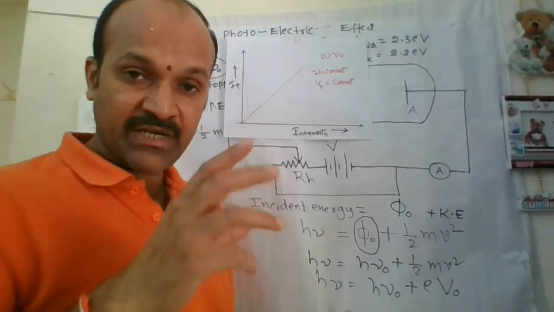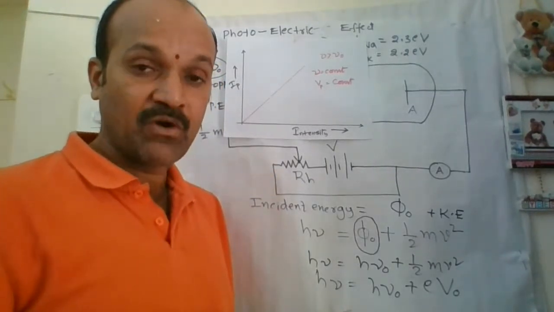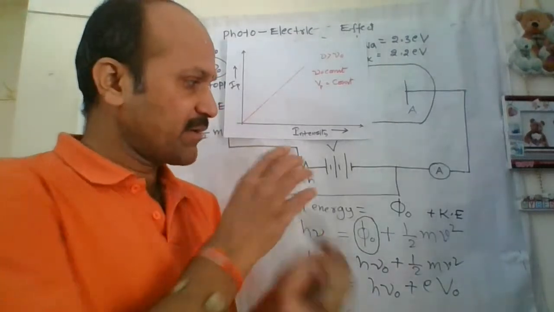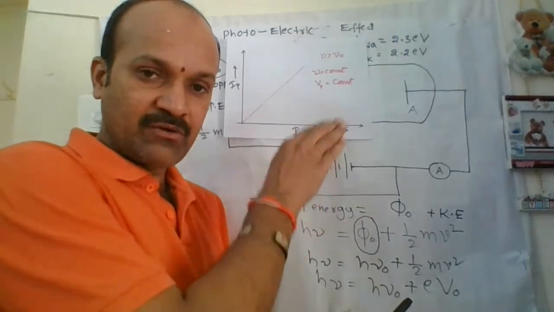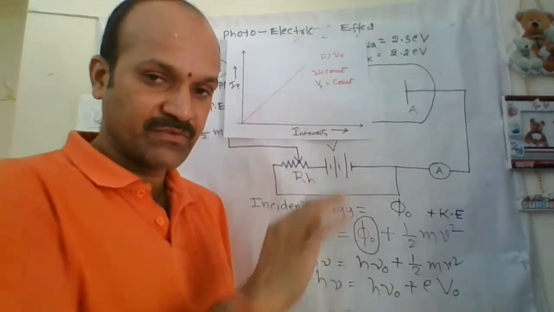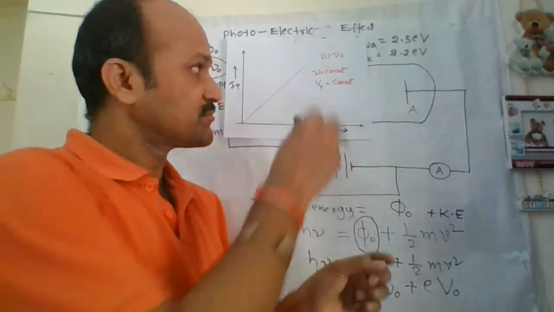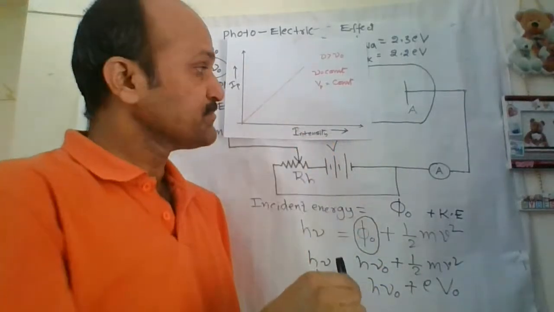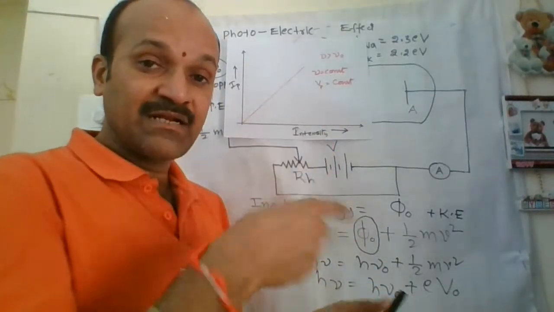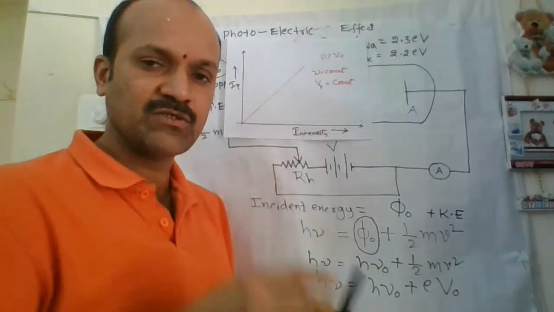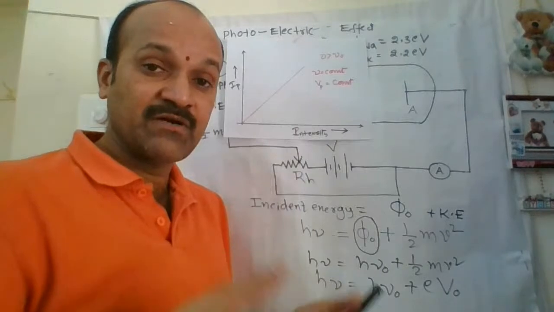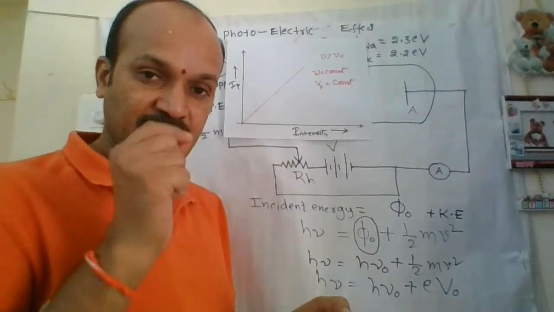So if you keep on increasing the intensity, what happens? We are keeping some constant potential so that emitted electrons will reach the electrode. That's all. We are not varying the potential here. That's why V is constant. If you keep on increasing the intensity, what happens? Current increases because the number of electrons emitted will be more for that frequency.